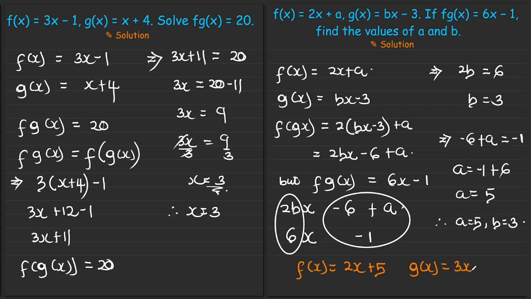So 3x then minus 3. So what I mean by confirming is using these two functions. Let's find f of g of x ourselves to determine whether or not you are going to get what we have here. So that is an assignment to you, just to test your understanding.